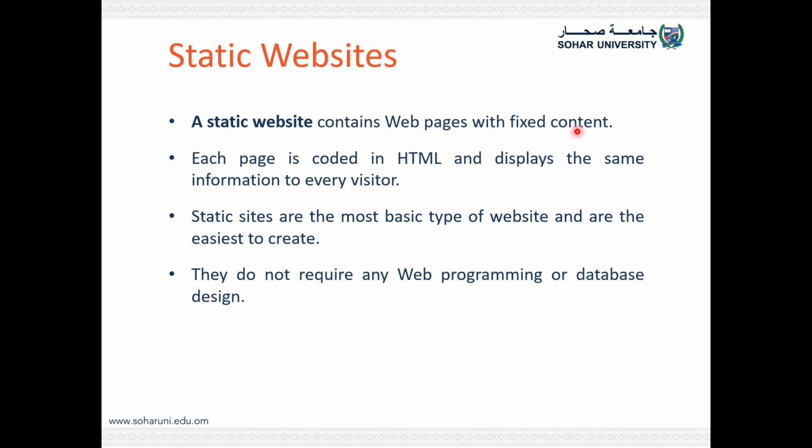When we access this website, all of us will see the same page, displaying the same information to every visitor. Because of that, we call the static website one that contains web pages with fixed content.